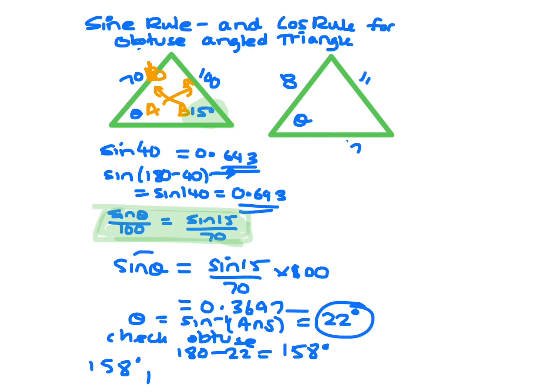So if you go 158 plus 15, and if it's less than 180, then there is room. You've got 158 plus 15, which is 173. So there is room for another angle in there. That would be 7, to make 180.